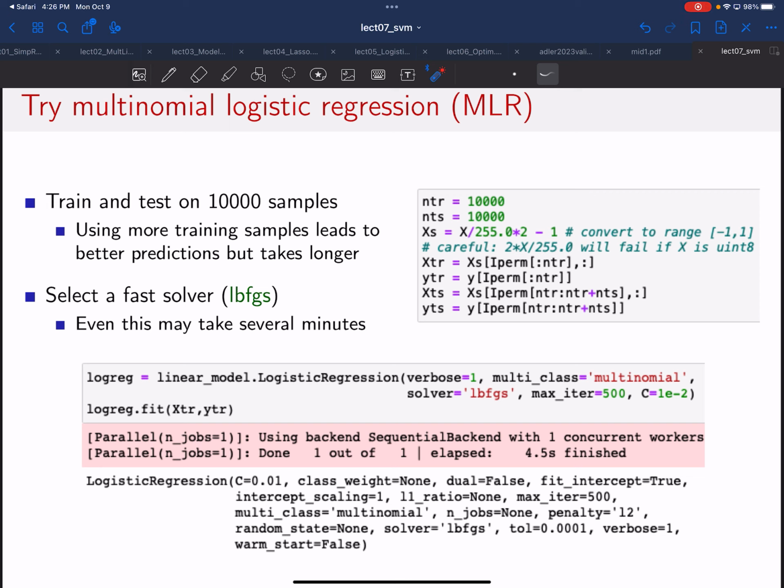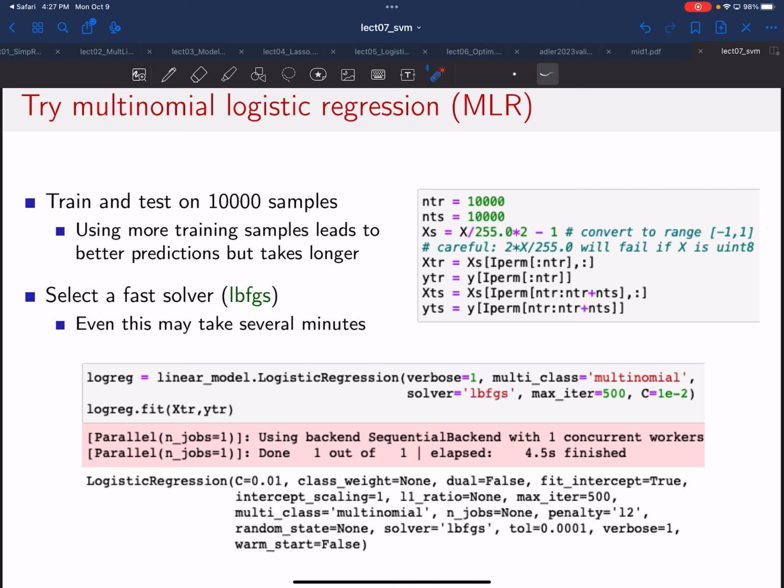And then we're going to run logistic regression. So this is how we're going to set it up. We're going to use the multinomial option. If you remember, that's what does this MLR, where you jointly design the weights and the intercept coefficients. You could also try OVR here. That would separately design them, and you would find the performance is a little bit worse, although it would run a little bit faster.